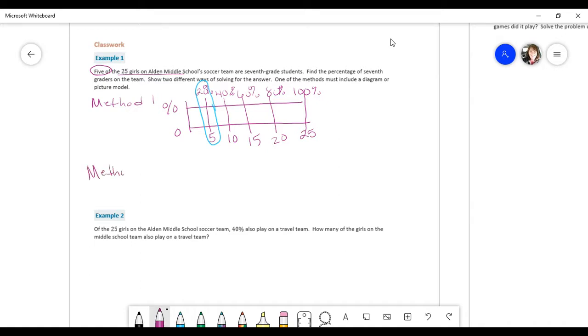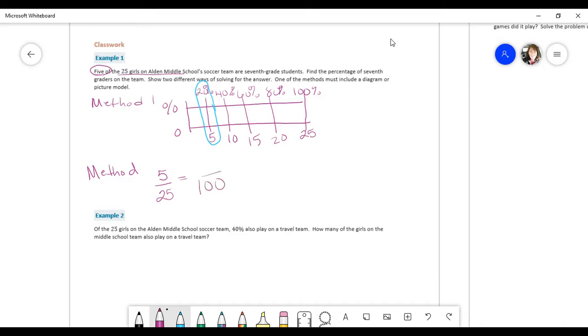Now, method 2. Now, I am much more of a mathematical minded person. So, this method, the first method, is not necessarily something I would have jumped at. I myself think this way, and so I like this method. 5 out of the 25, and I know that all of them on the team would be 100%.